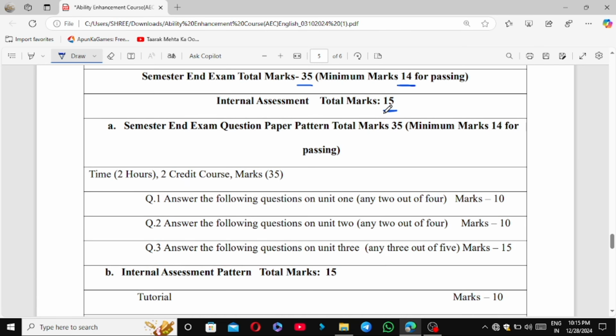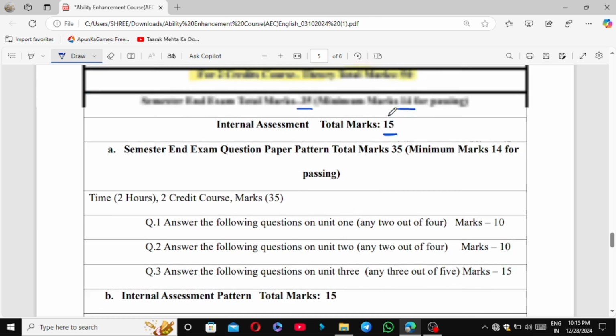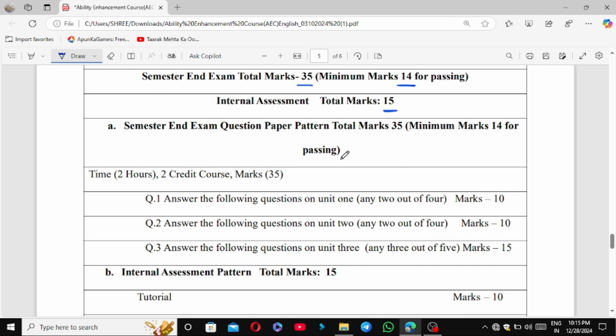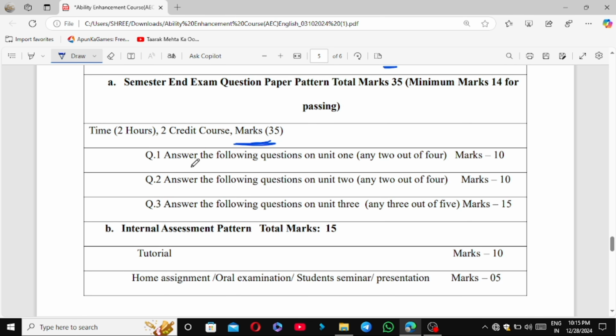In your college, your internal examination for 20 or 15 marks is converted into 10 marks, and 5 marks are for your assignments or other activities related to this subject. Total 15 marks. Here you can see the format of the 35 marks end semester examination: question 1 for 10 marks, question 2 for 10 marks and question 3 for 15 marks. This is the pattern for semester second.